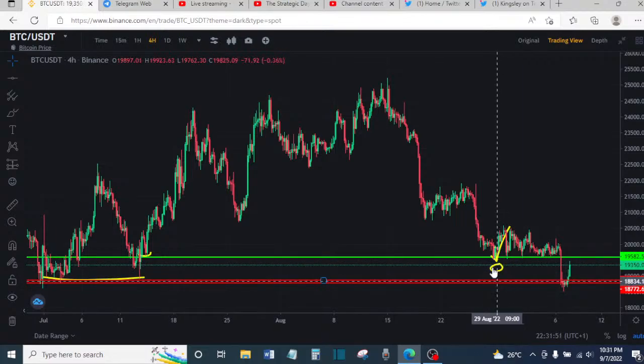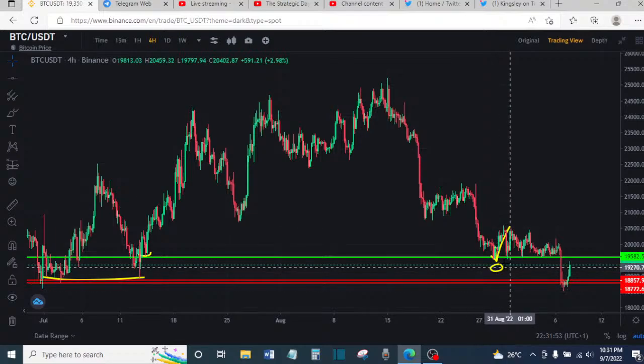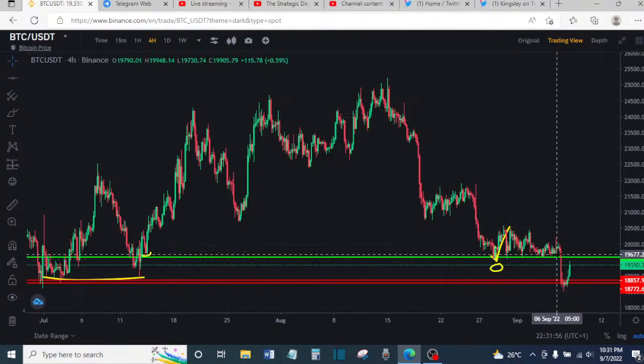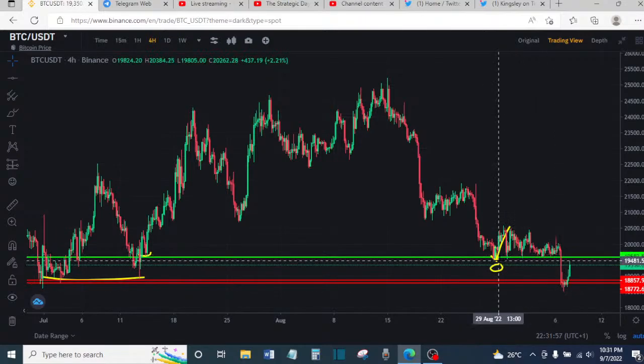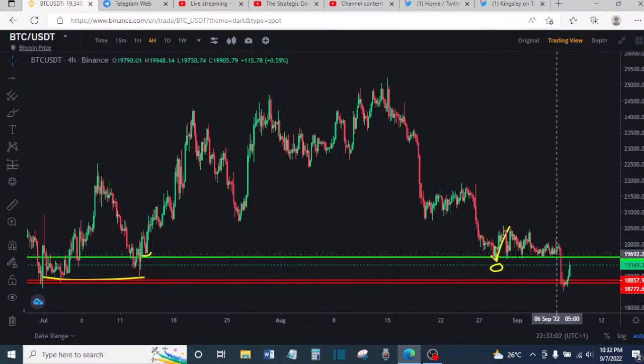The gap from here to there is very wide. Look at what they did. They created a structure, adding more bottoms to this area, which clearly shows that this is where the money is again, that they needed to take out.